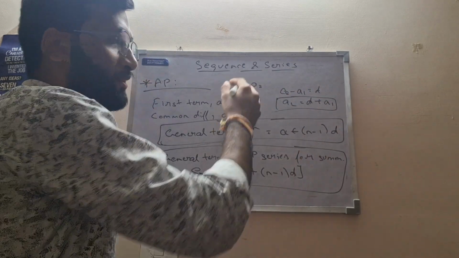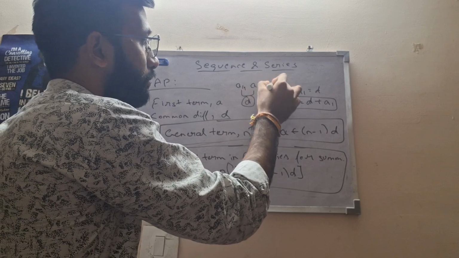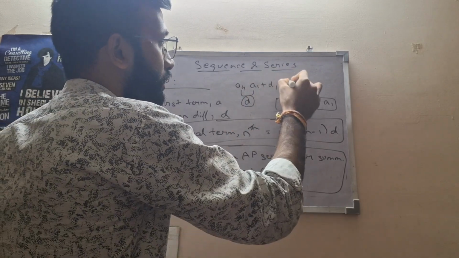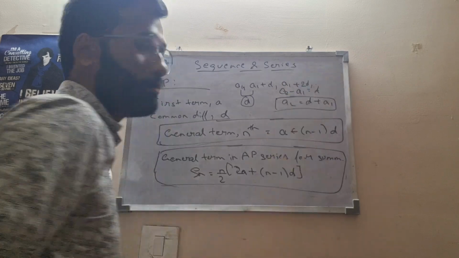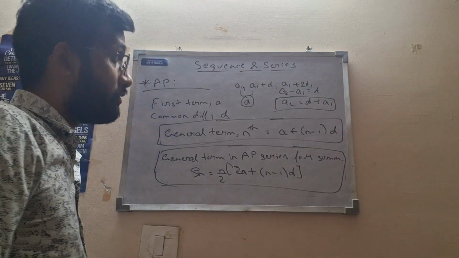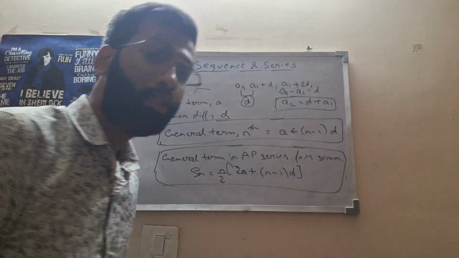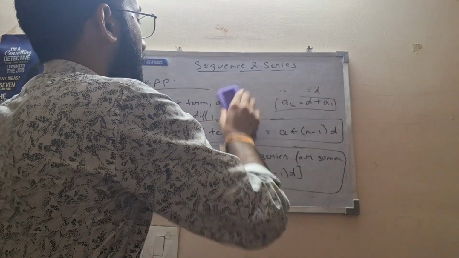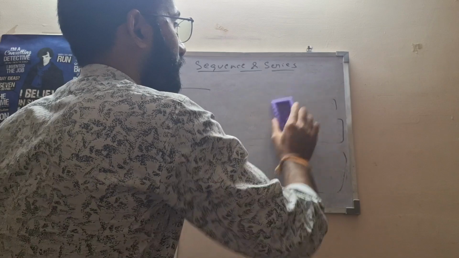Yeah, we have derived the second term. Then what will be the second term? A1 plus D. Similarly, as you move on, the third term will be A1 plus 2D, and so on. Okay, so in this way we get the general term for each number of the AP. Okay, so remember this.